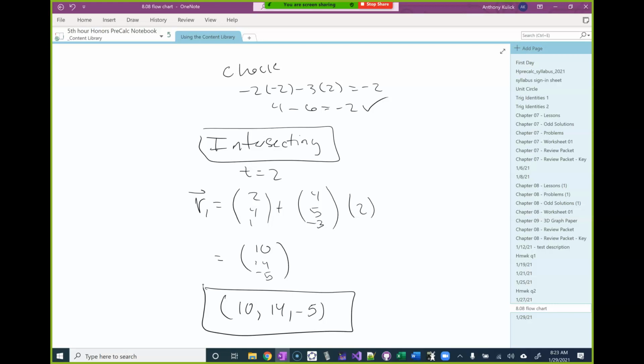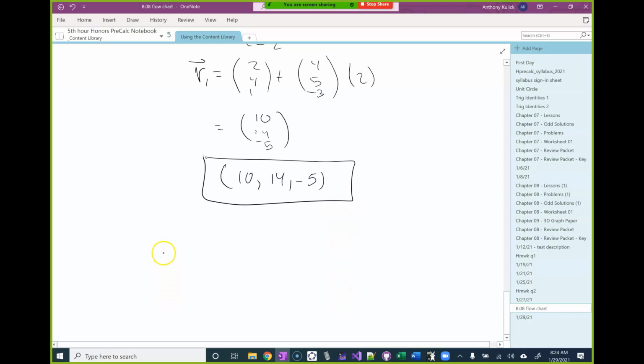What do you guys think? You ready to do some practice with this? As you've seen me do a couple. This is the end of section 8.8 though, so those are the examples that were in the lessons. We still have close to 40 minutes left in class, right?